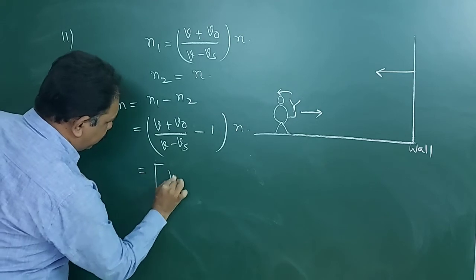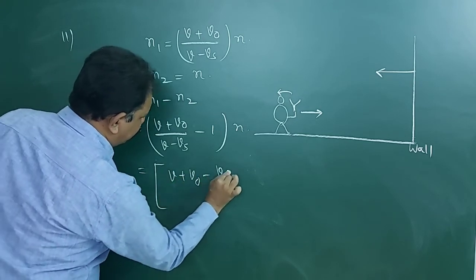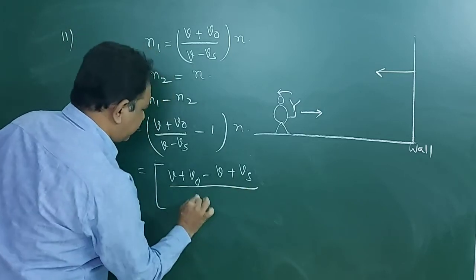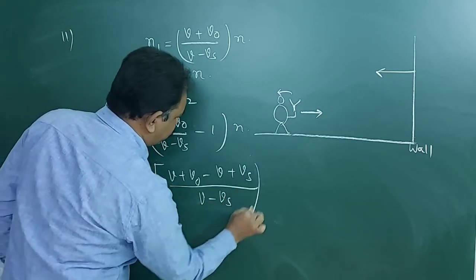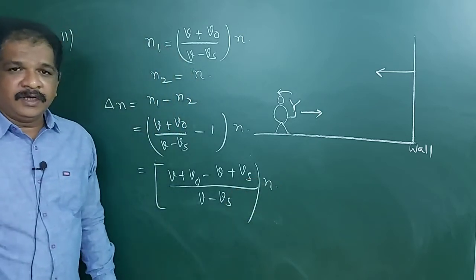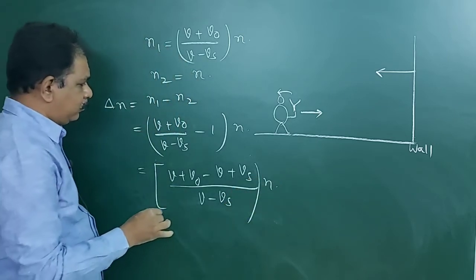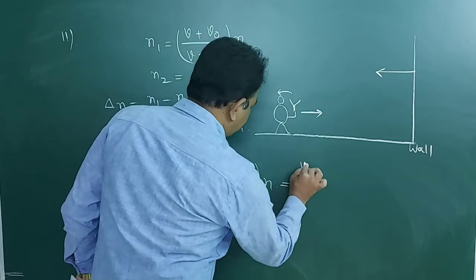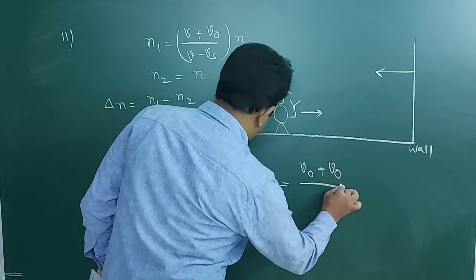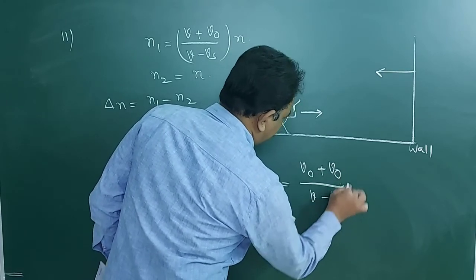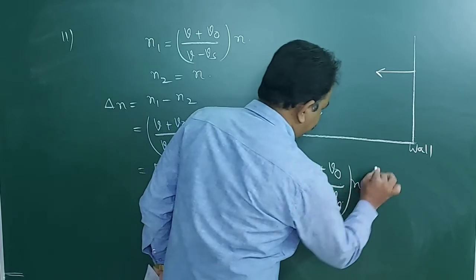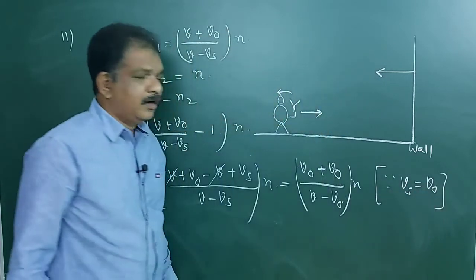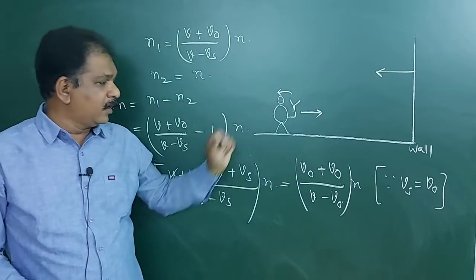So this value is V plus Vo minus V plus Vs by V minus Vs into N. Here Vo and Vs values will be the same, so this is Vo plus Vo by V minus Vo into N, since Vs is equal to Vo. Reflected sound will have the same velocity of the observer.